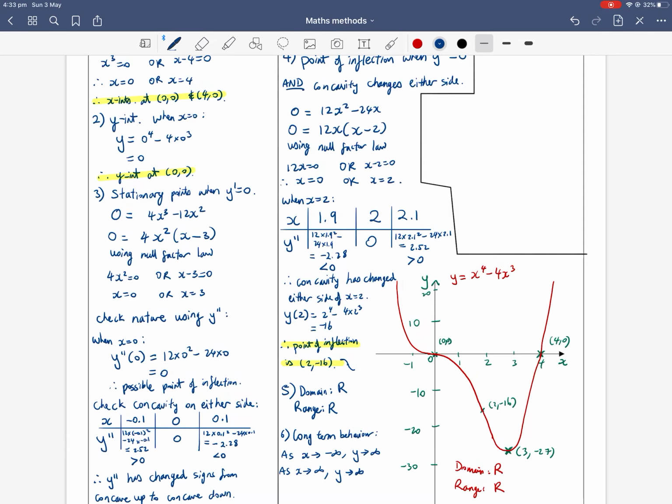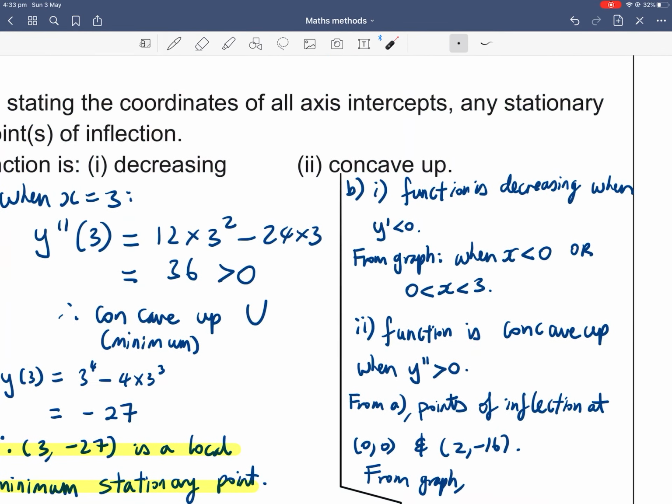Essentially, concave up is where it's like a happy face, right? So we know it's kind of a happy face over here when it's to the left of 0, so when x is less than 0. And we also know this part here is concave down, because of the concavity check we did here. And then this part here, we've got concave up as well, and it keeps going up there.